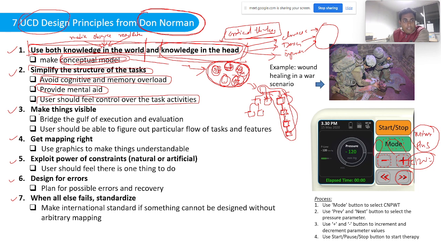Another principle is make things visible. What do we mean by make things visible? You try to bridge the gulf of execution and evaluation. So what is execution and evaluation, and what is this gulf? We are talking about the mental or cognitive operation.